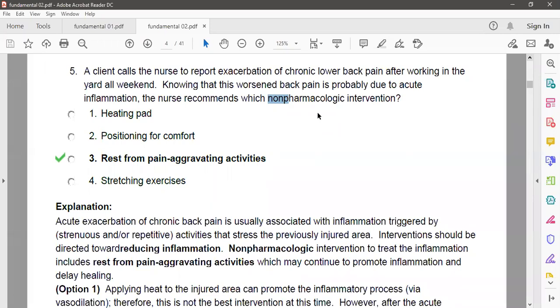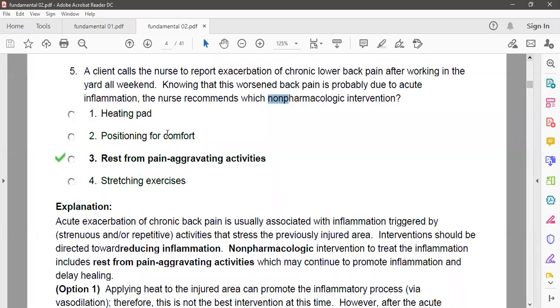So I say here for non-pharmacological, a heating pad is not bad, right? Our grandmother, or I mean mother, they know it, but it is not medical management. And also if your patient has an acute condition, heating increases the inflammatory signs and symptoms. A heating pad is applied when you are in good condition, not in acute exacerbation, right?